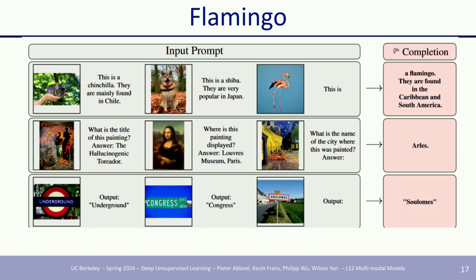And other stuff for different formatting, like what's the title of this, where is this painting, stuff like that for QA. And this is like an implicit OCR task. You're giving examples of OCR for reading signs, and you ask it to solve a new one, which is a new sign.